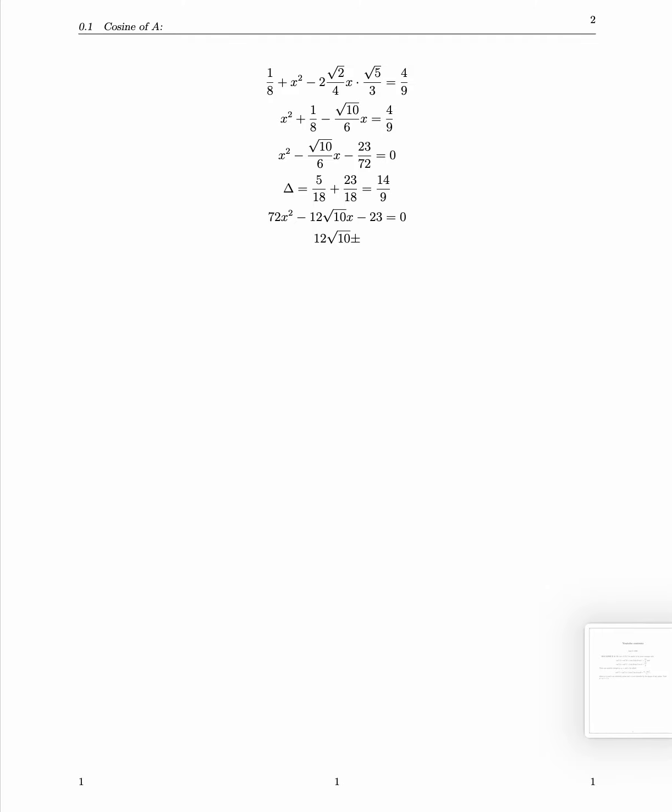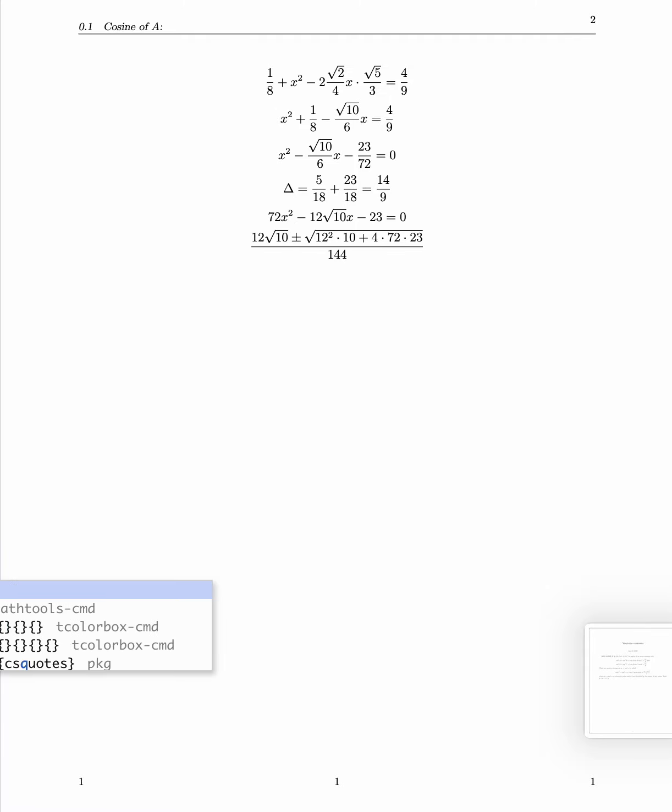Right. So the inside thing we can actually just factor out, which is equal to 12 square root of 10, and then plus or minus 12 square root of 10 plus 46.